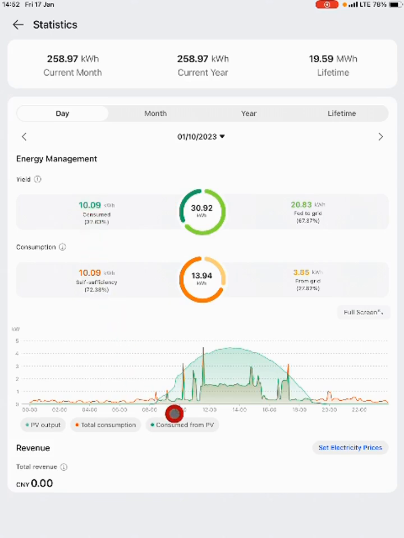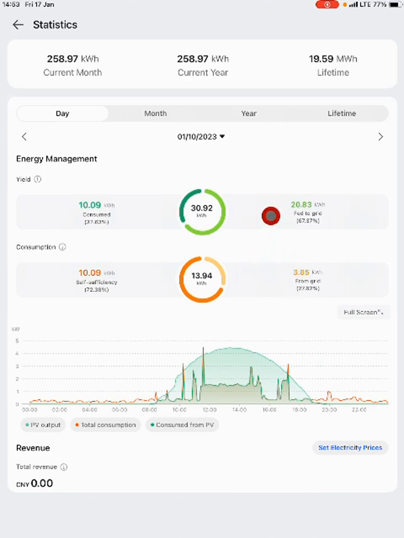Those figures match. That is this green area here, the dark green area here. The client took from the grid, from his virtual battery or from the grid directly, 3.85 kilowatt hours. These are these red areas here, the small peaks here, which I've explained, and then into the night and through.